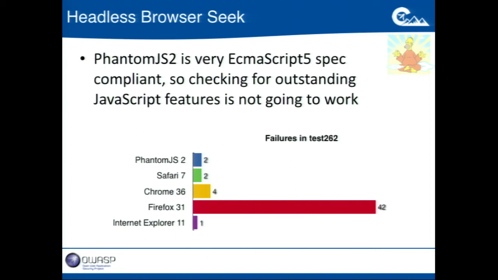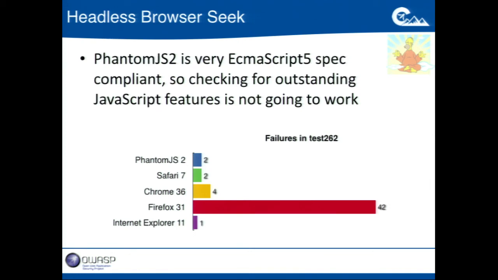On the other hand, it's very bad news. It's pretty good news for Bay, because from now on it won't be possible to look at JavaScript engine differences and make any kind of observations based on that. There is an ECMA 5 test suite called Test262, and PhantomJS used to fail 500 or 600 tests, or even more.